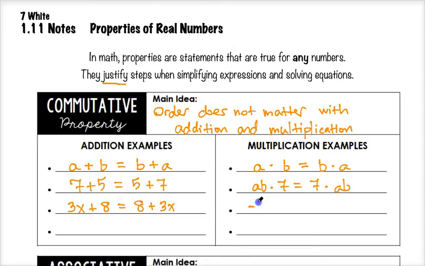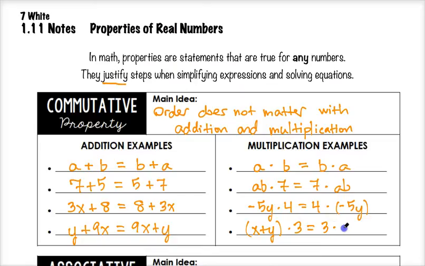I could use it with negatives. Negative 5y times 4 is the same as 4 times negative 5y. I could say y plus 9x is the same as 9x plus y. I could even use it with a quantity, so the quantity x plus y times 3 is the same as 3 times the quantity x plus y.